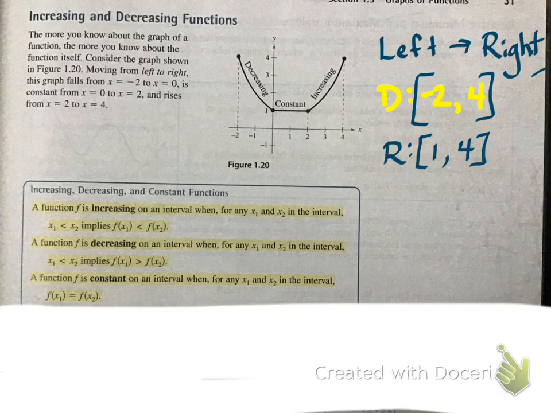So if we read a graph from left to right, we start at the most left point and we travel along the curve from left to right. So starting at this leftmost point, we're going down the graph until we hit right here. So it's decreasing. We use x values for increasing and decreasing.